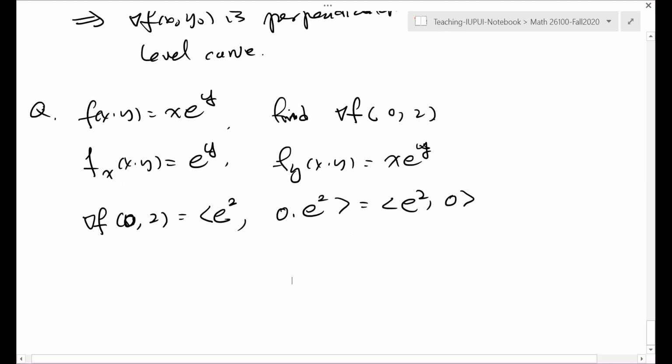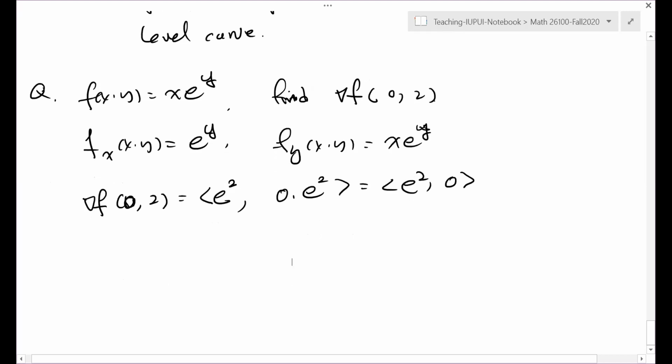So if you draw the picture, how does it look? At this particular point, the level curve passing through it: f of 0, 2 is 0 times e squared, which is 0.